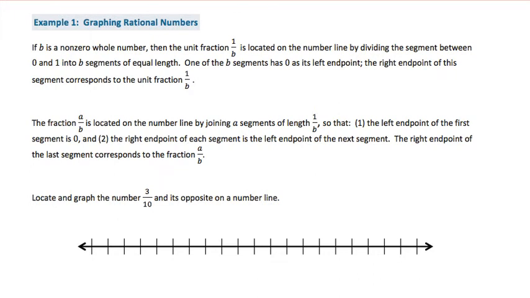In example 1, graphing the rational numbers, there is a description of the process at the top of that page, which probably tends to be even more confusing. But let me put it in real language for you.